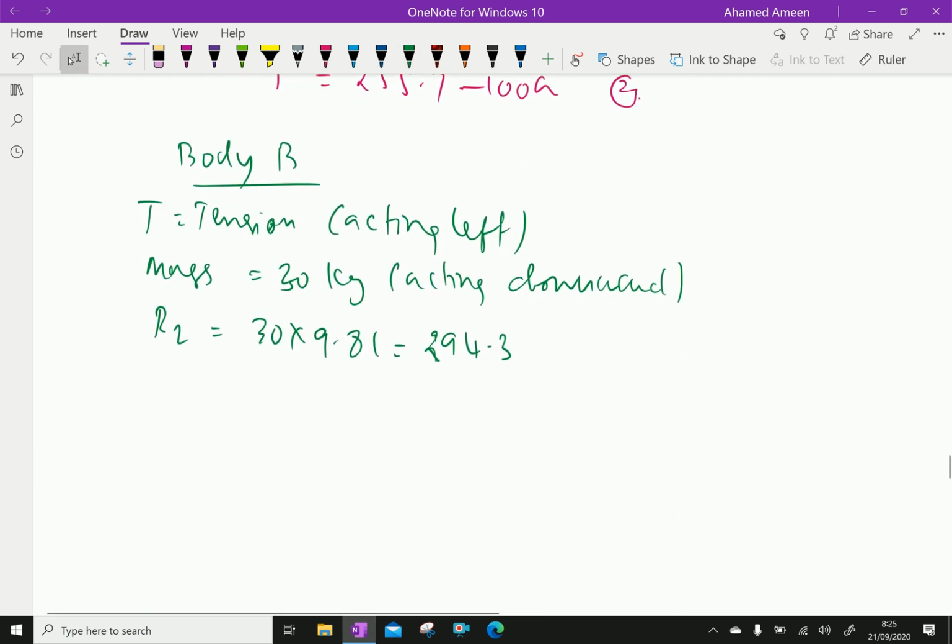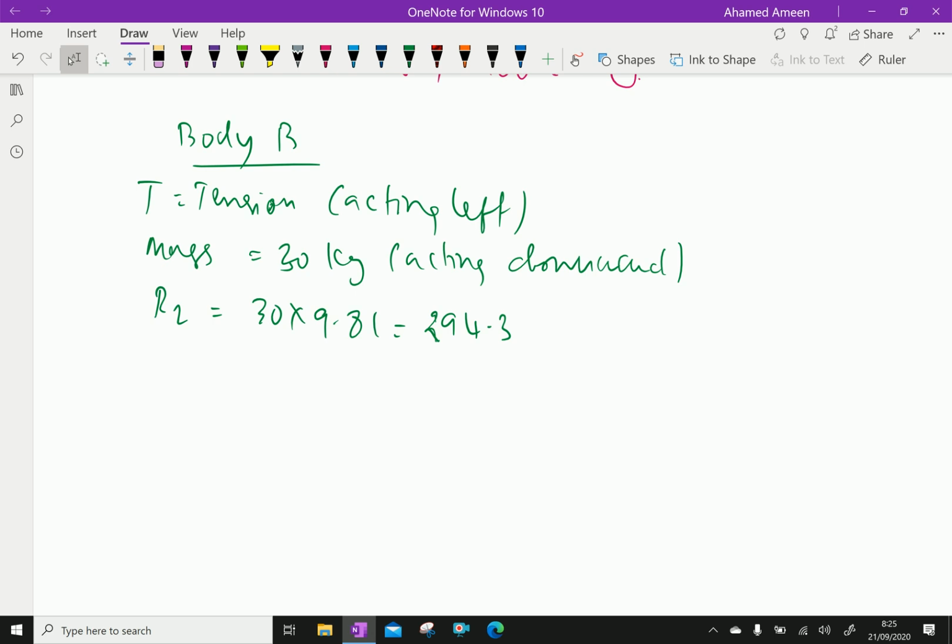Then we got the reaction. Next, force of friction F2 equals mu, 0.3, into R2. Reaction R2 is 294.3. 294.3 into 0.3 equals 88.29 Newton. Then we got F2.